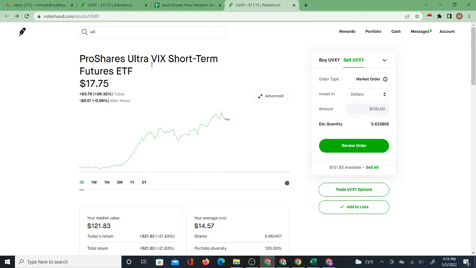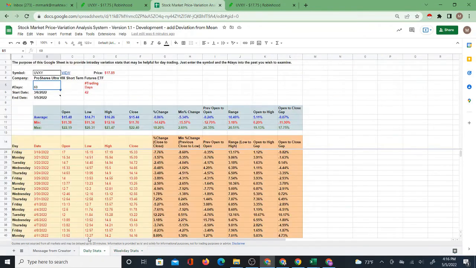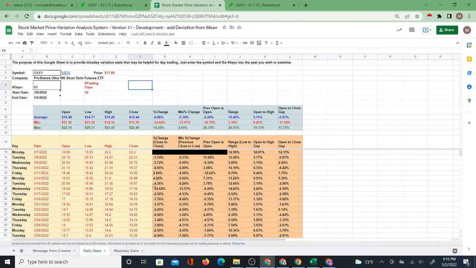Using that analysis to decide to buy this particular index on a particular day at a particular point, and then to also sell it on another day at another point, right? That was pretty much the purpose of the video. So do get the Google Sheet so you can start doing your analysis. All you need is a Google account and you're ready to go. Just get the Google Sheet and you can start doing this analysis as well.